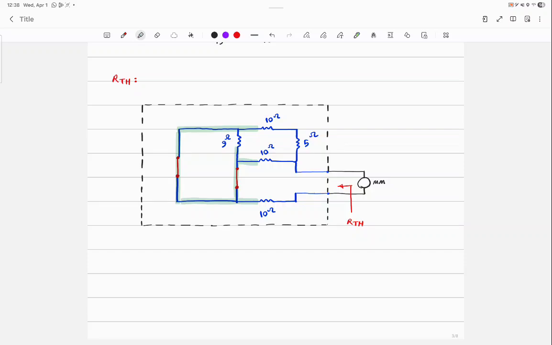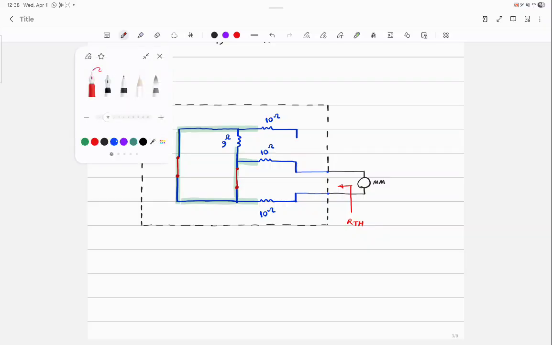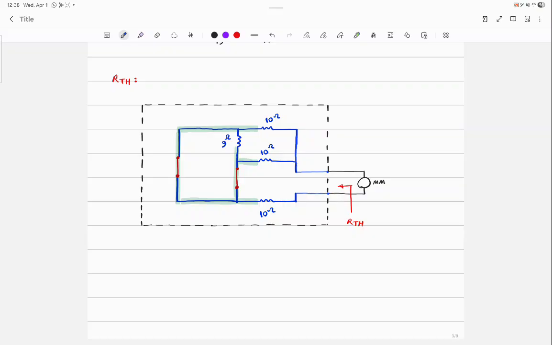Okay, that's one of your nodes. What is the other one? Let me again do the 5 and 10. Combine the 5 and 10 since this is 15. And also this guy.